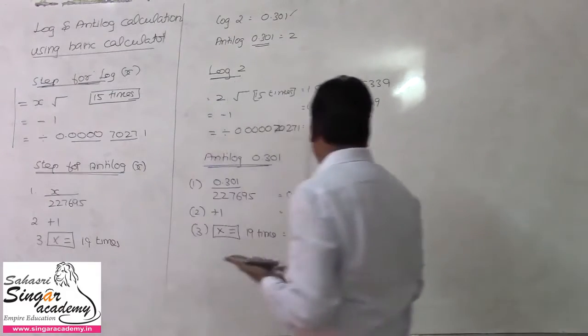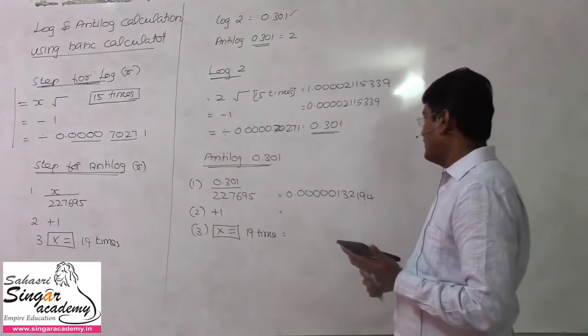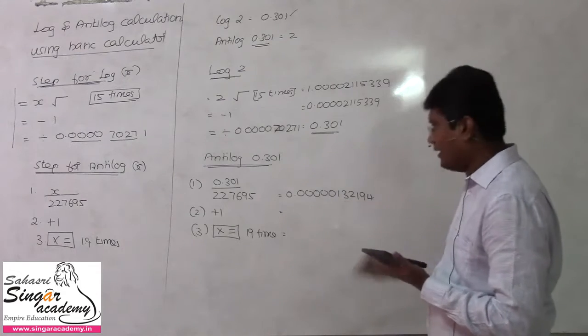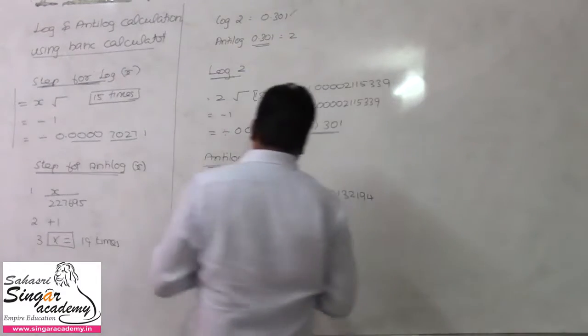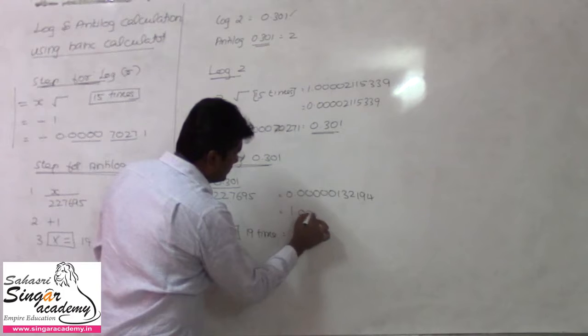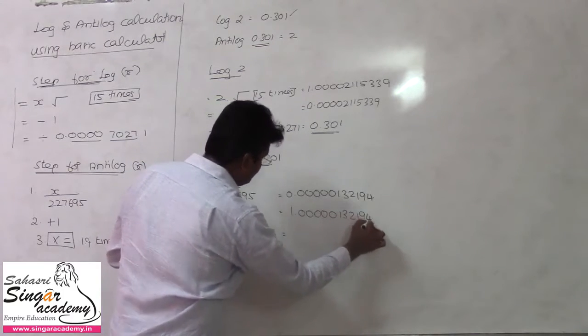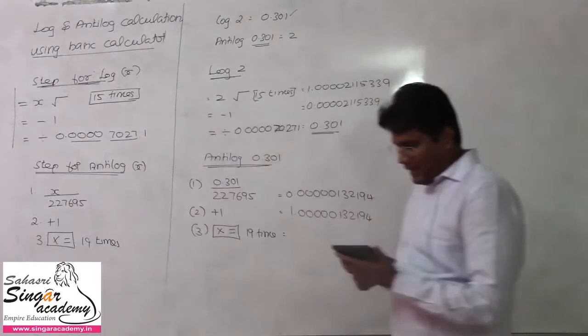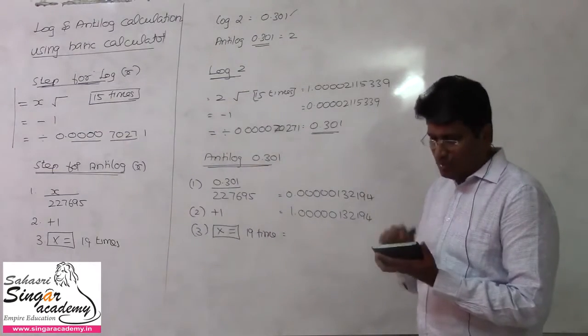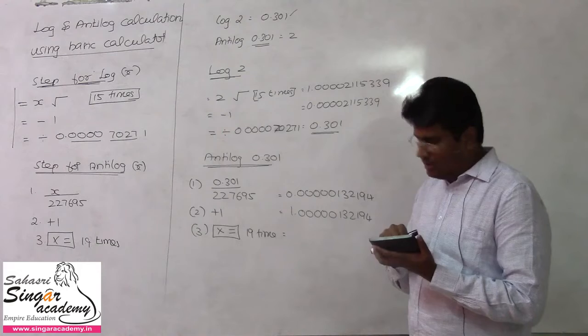So we have so many digits here, 5 zeros after the dot and then 132194. By adding 1 with that, the value will be 1.00001329194. After getting the value, you have to do multiplication equal 19 times.